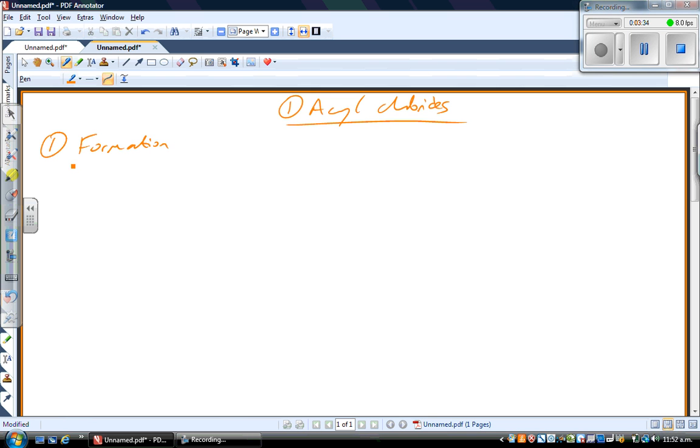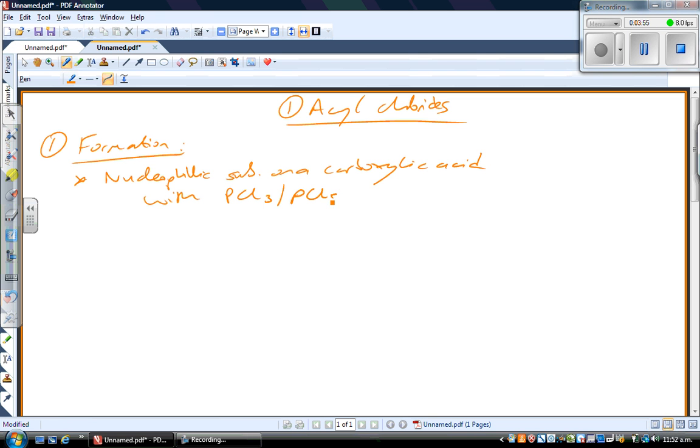Formation of acyl chlorides: we're talking about nucleophilic substitution on a carboxylic acid, using PCl3, phosphorus trichloride, PCl5, phosphorus pentachloride, or SOCl2, which is thionyl chloride.